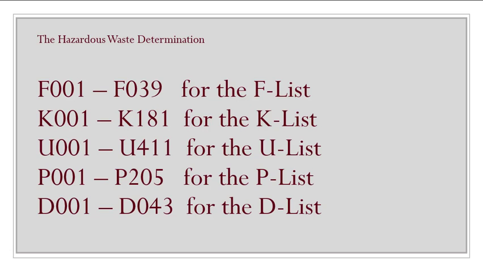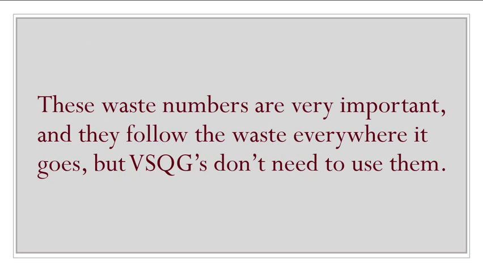Again, the lists, F001 through F039 for the F list, all the different K list numbers, all the different U lists, 411 of them. For the P list, there's only 205. Isn't that nice? And for the D list, there's only the 43 of them, D001 through D043.